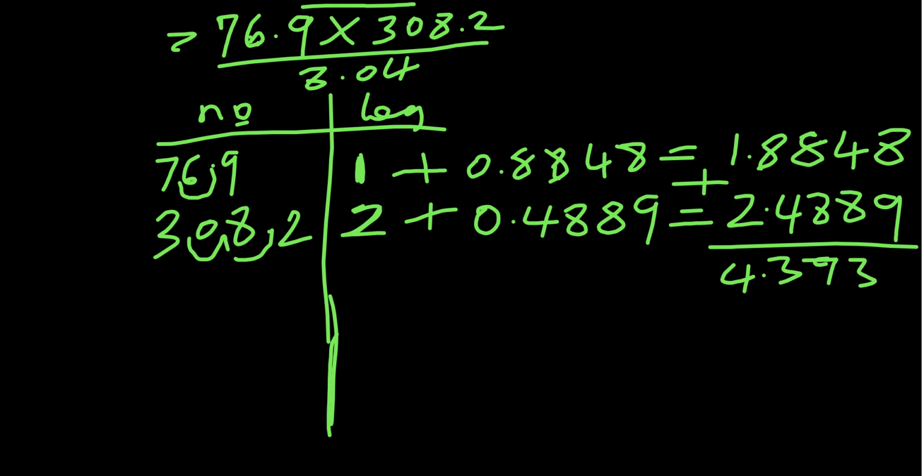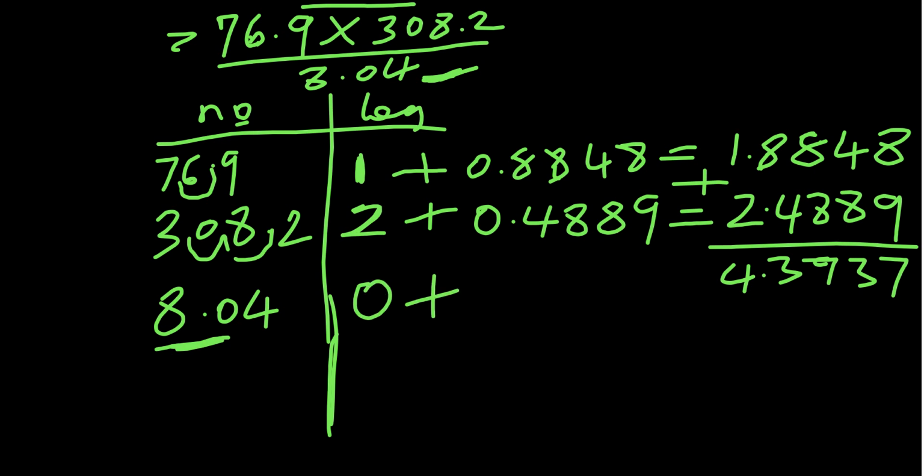You may want to add it on your own and get the value by yourself. So we go to the last value here, which is 8.04. This one is the value in the denominator. So you want to get its logarithm. It is already in standard form, so you are not moving the decimal point anywhere, so it has a characteristic value of 0 plus the mantissa value.